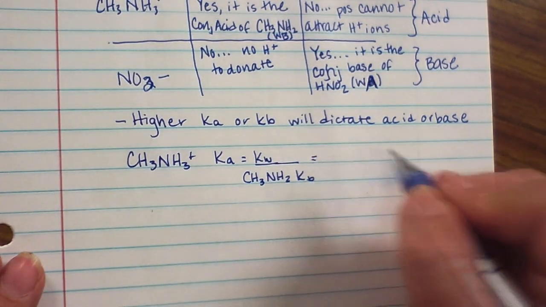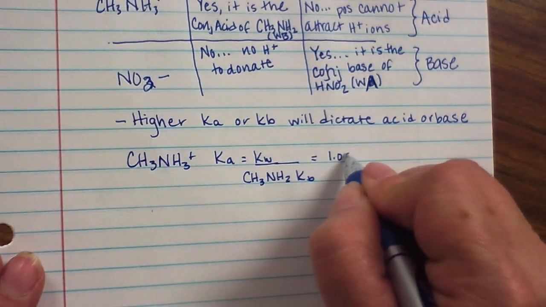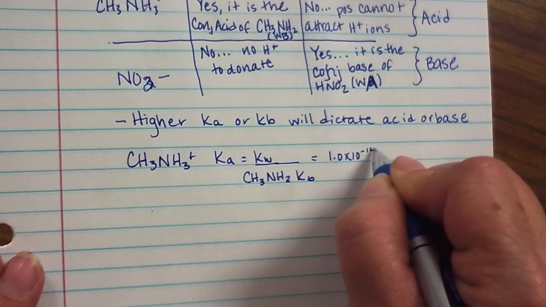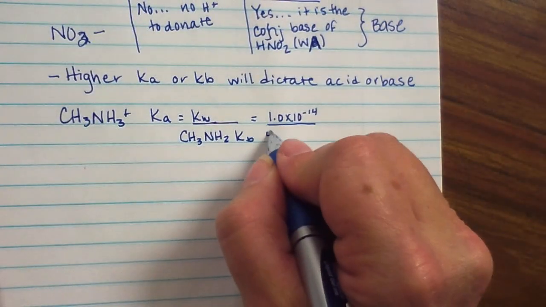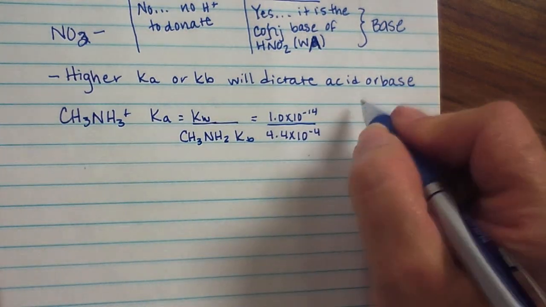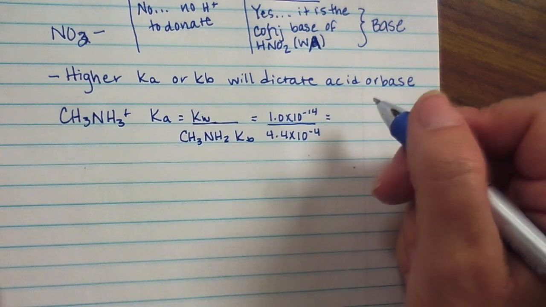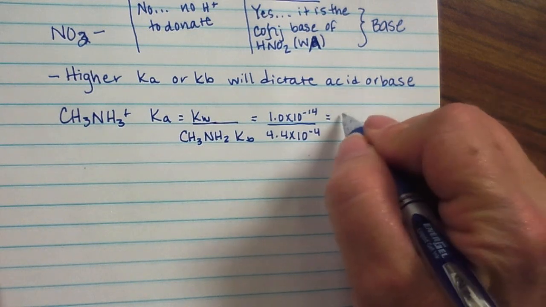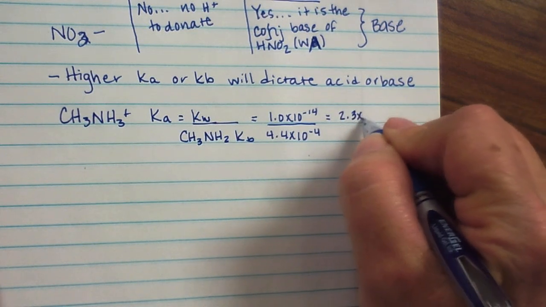So that's going to give us 1.0 times 10 to the minus 14 over, I go back up to my Kb, 4.4 times 10 to the minus 4. And that gives me 2.3 times 10 to the minus 11.